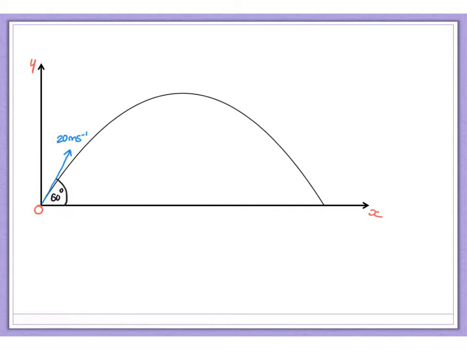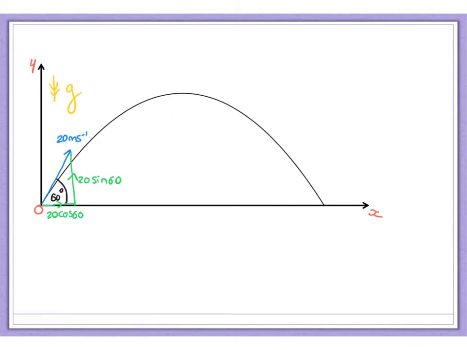We can mark on the components of this velocity. Horizontal component 20 cos 60, vertical component 20 sine 60. And we'll mark on as well the acceleration due to gravity, which is equal to g and acts downwards.